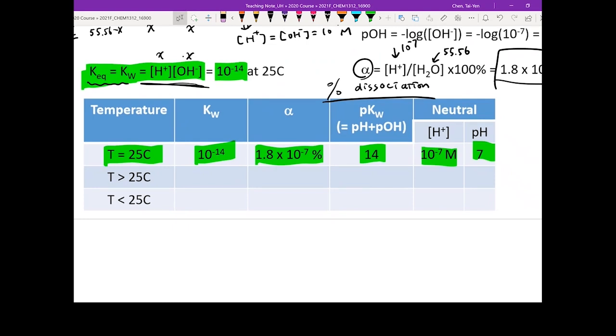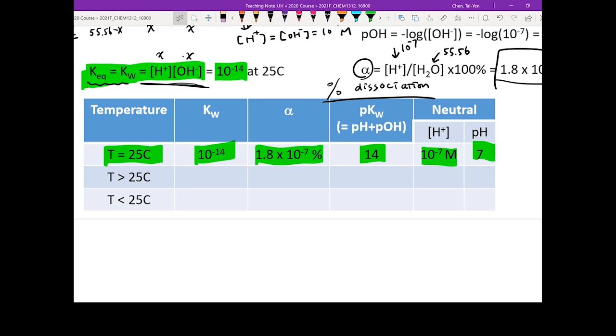That means if you increase the temperature of your reaction, the reaction is going to move to the product side, which is the side that contains your proton and the hydroxide. If the temperature is larger than 25 degrees C, would you expect your proton concentration to increase or decrease?